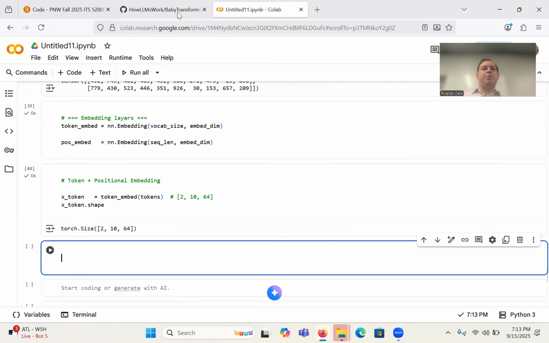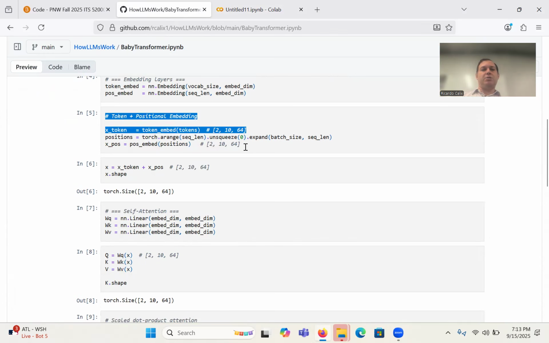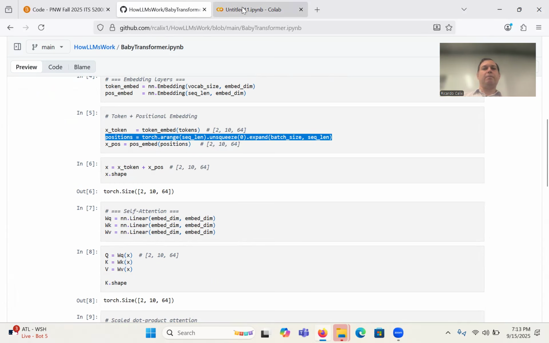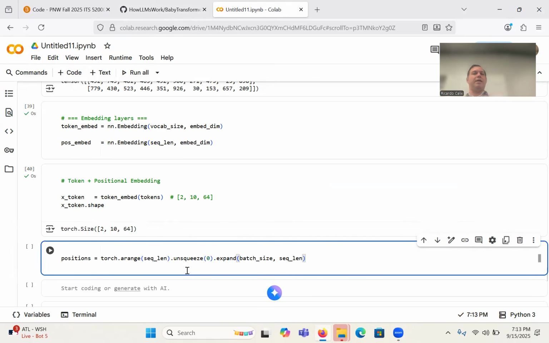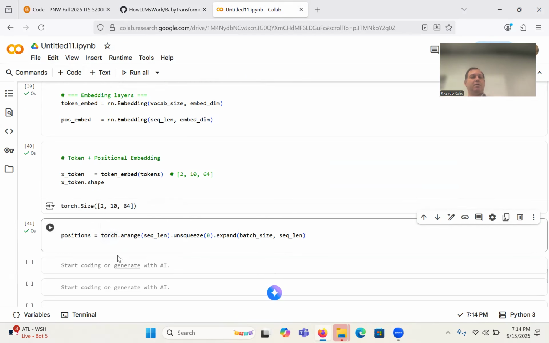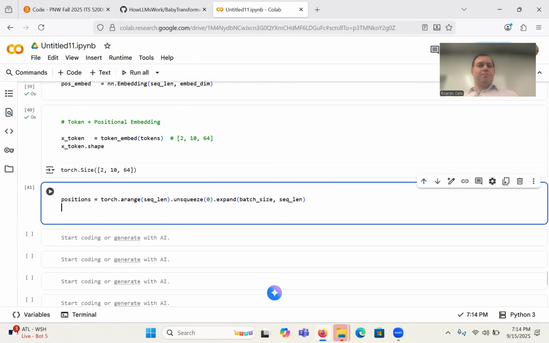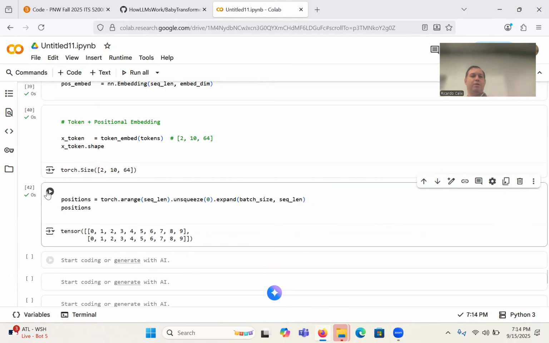Now we repeat the same for positional encoding. We've discussed this one as well, right? So you guys remember this. We created a tensor of positions, and I'm going to print it out. Do you see that there? For every sentence, instead of the ID, like is it a cat or a dog, we have the position. Is it position 0 towards the beginning of the sentence, position 5 towards the middle, or position 9 towards the end?